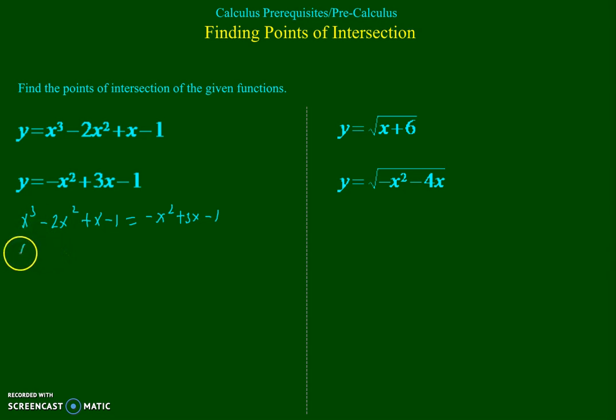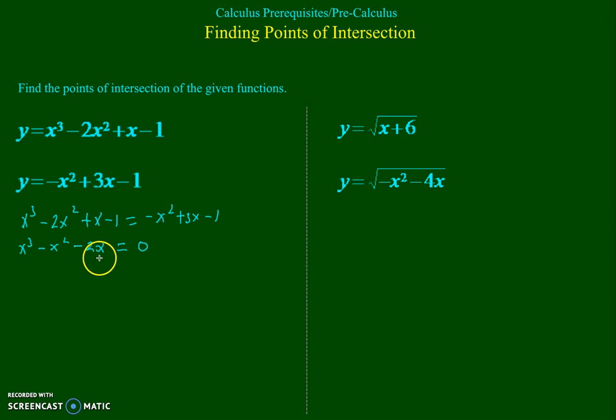So this gives us x to the third. We're going to add x squared, so that's minus x squared. We're going to subtract 3x, so that's minus 2x. And then we're going to add 1. And so when we take 1 away from 1, that gives us a 0. So we'll just set that equal to 0.